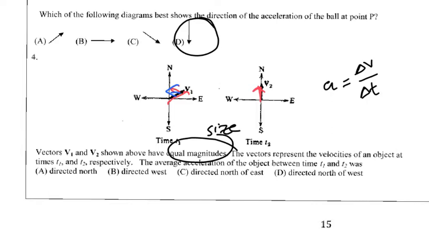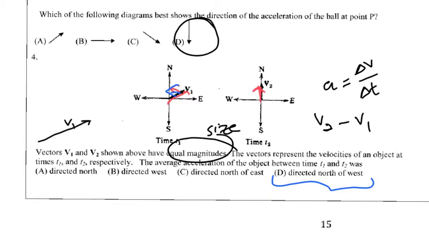Another way to think about this is that delta V is V2 minus V1. What we can do to represent subtraction of vectors, we have V1, it's really V2, I should have gotten rid of that, it's V2 minus, or plus negative V1.